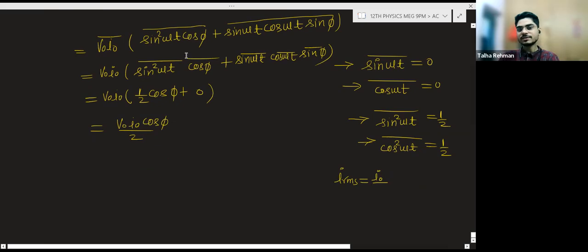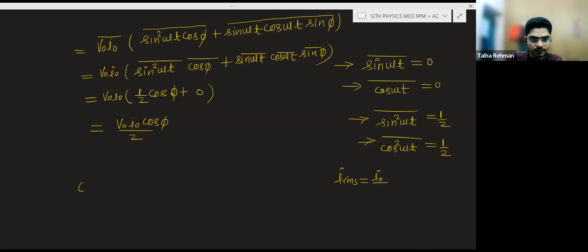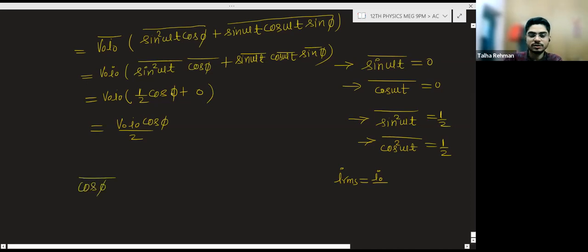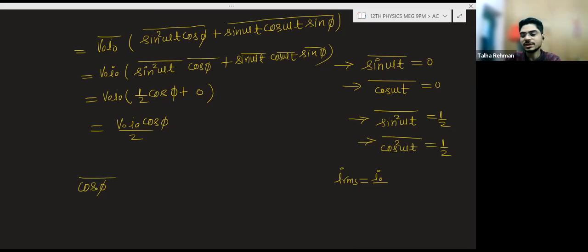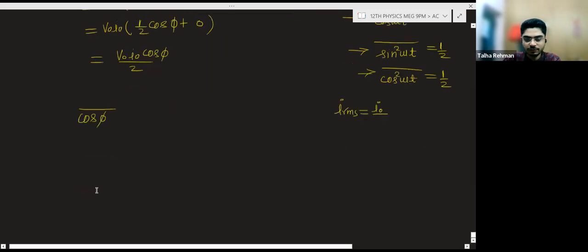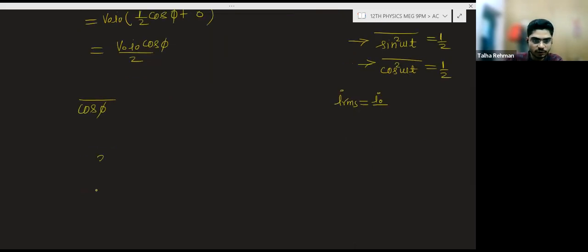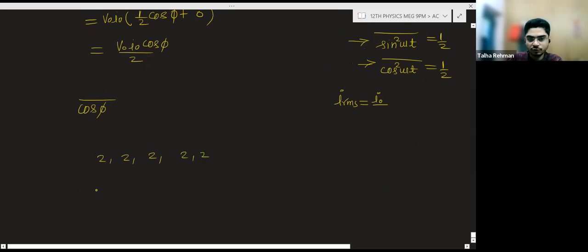Why is cos phi the same? Why this bar? Because the meaning of this bar is the average of cos phi for a full cycle. But this cos phi is constant. For example, if you have 2, 2, 2, 2 and 2, and you want to find the average, you will again get 2.